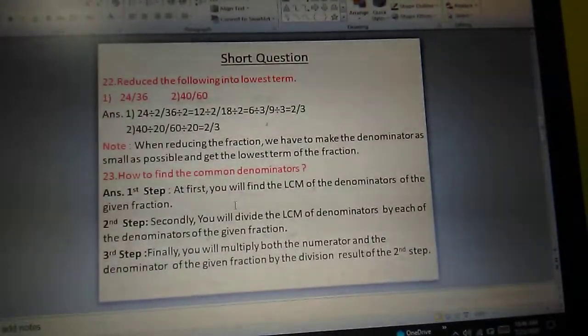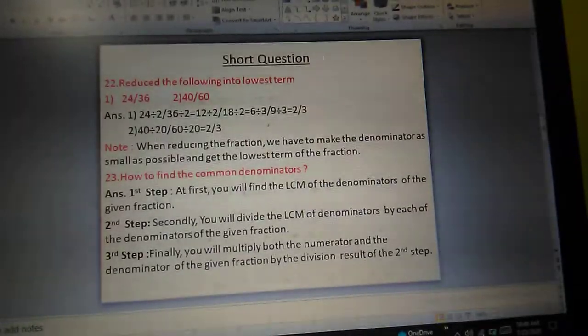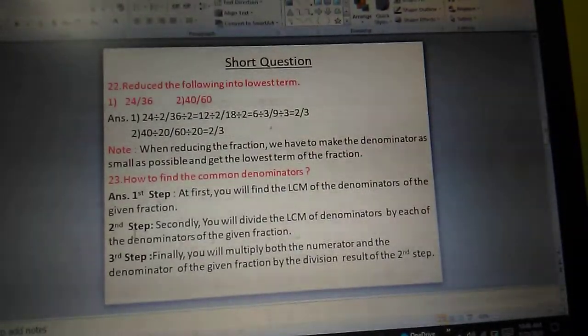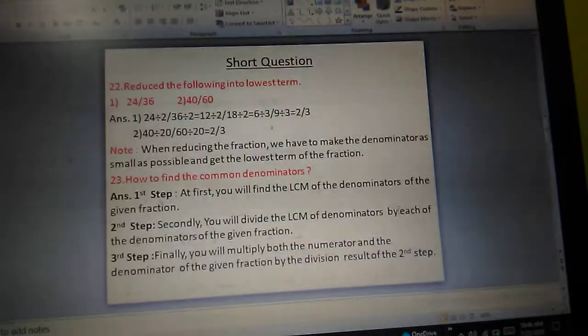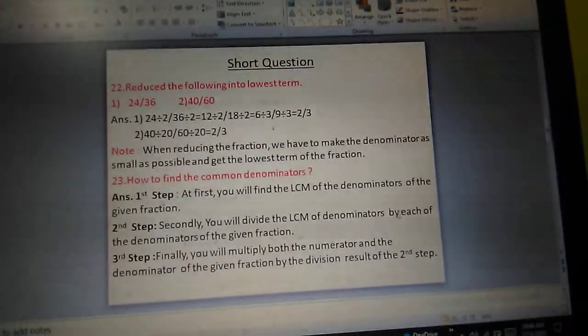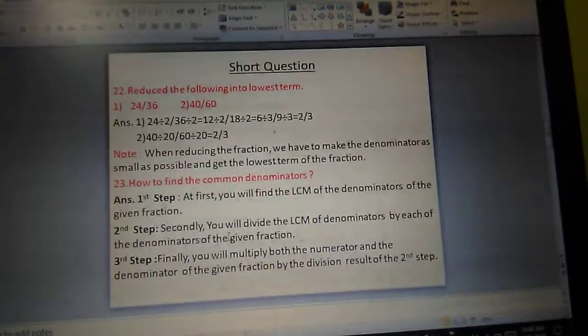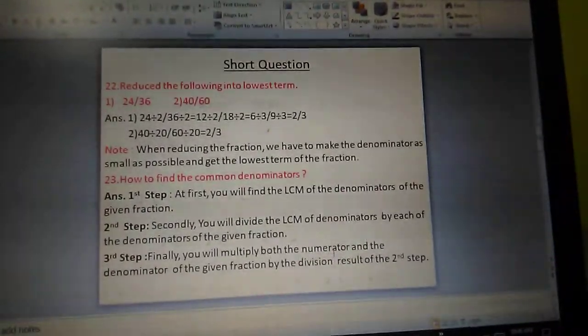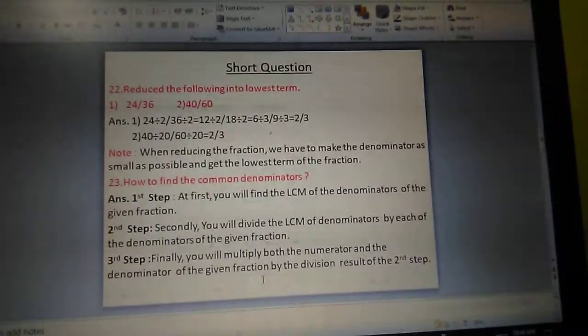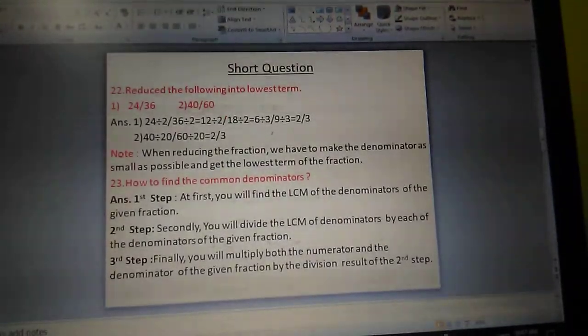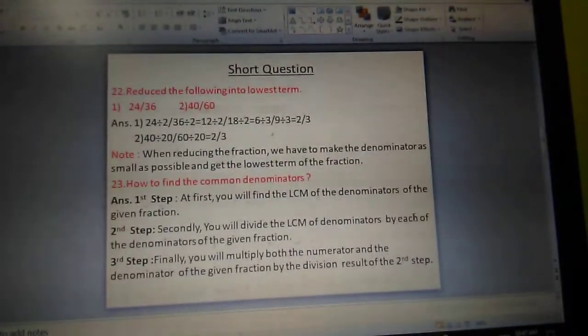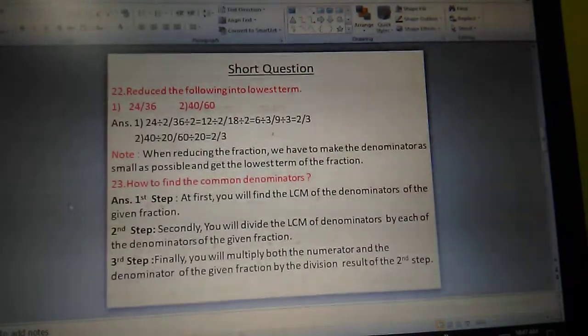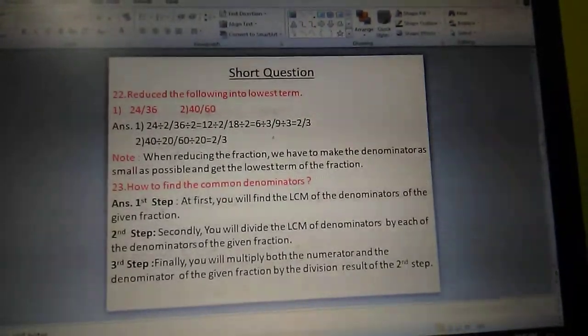First step: at first you will find the LCM of the denominators of the given fractions. Secondly, you will divide the LCM of the denominators by each of the denominators of the given fractions. And finally, you will multiply both the numerators and the denominators of the given fractions by the division result of the second step. You will understand as we are going to do it practically.